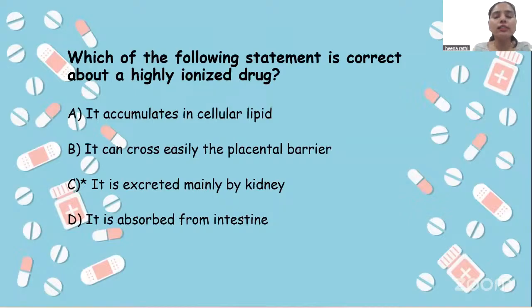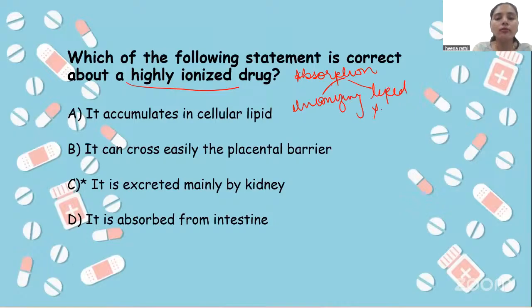Which of the following statements is correct about a highly ionized drug? For the absorption of a drug, we require two things. First is the unionized form, and second is lipid solubility. So the question is, if the drug is highly ionized, then which statement is correct? If it is highly ionized, then it will not accumulate in cellular lipid, because the unionized drug will accumulate.